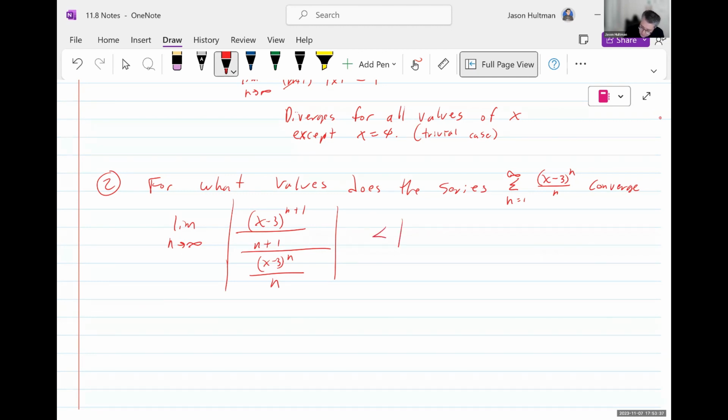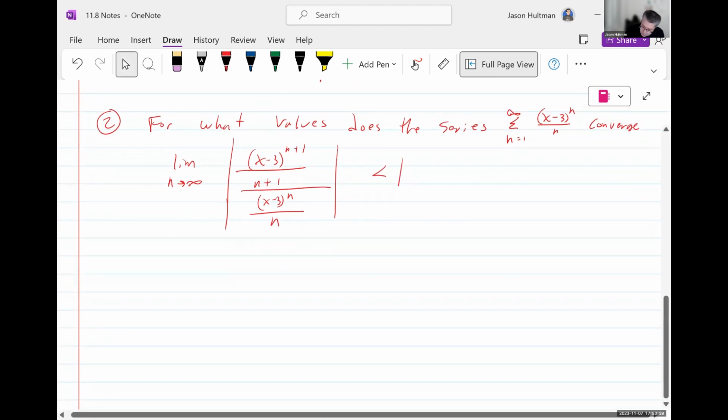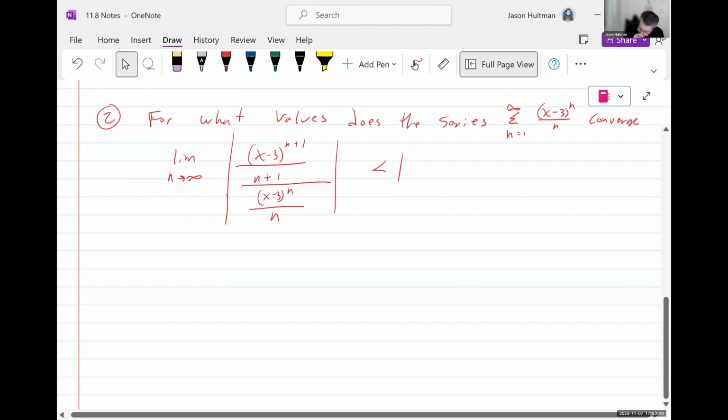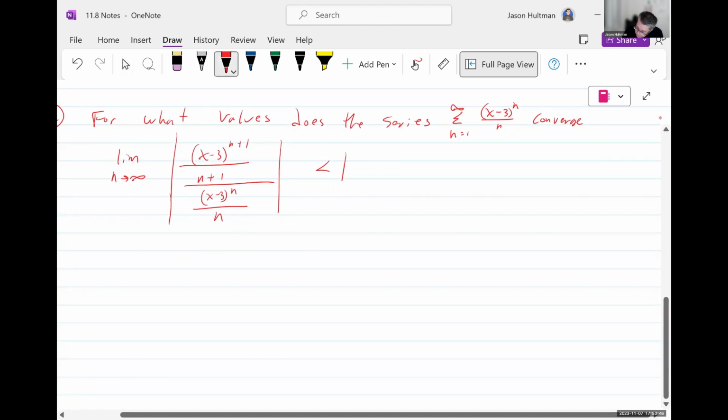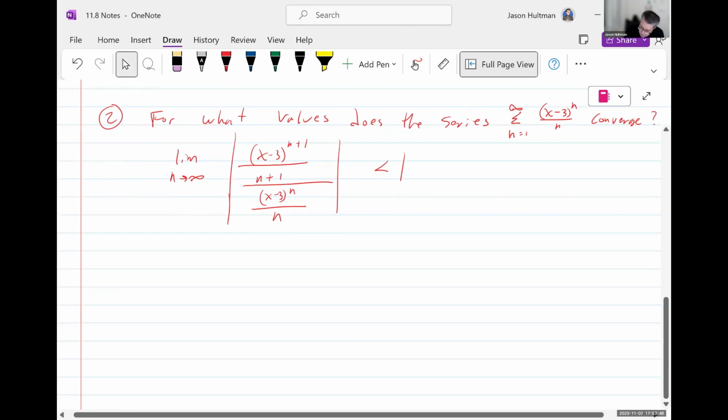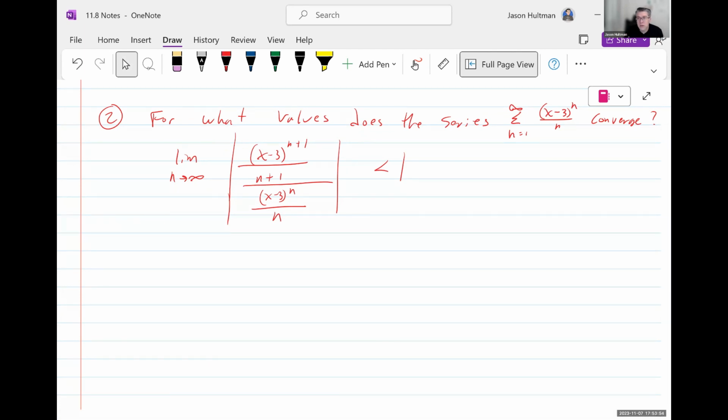When is this thing less than 1 is the question, because it does converge if we get values less than 1. Which x values produce an inequality that's less than 1?